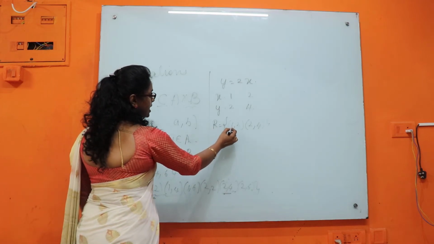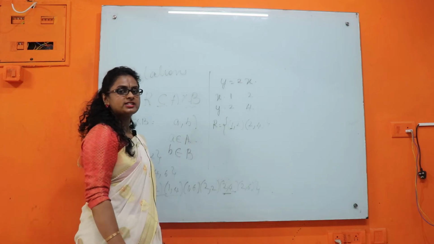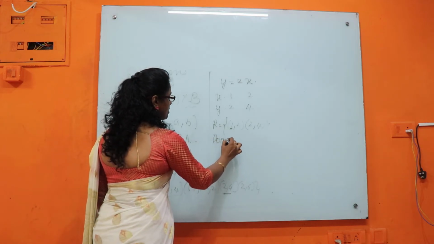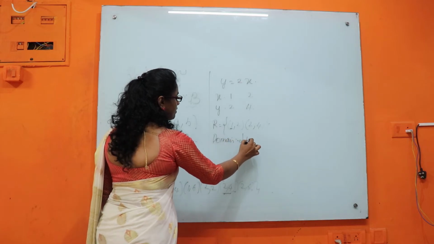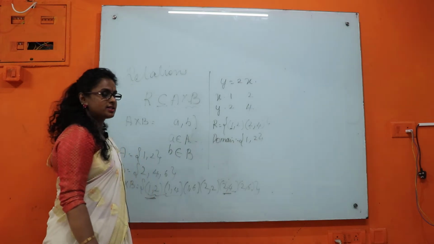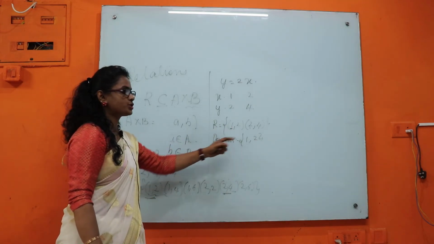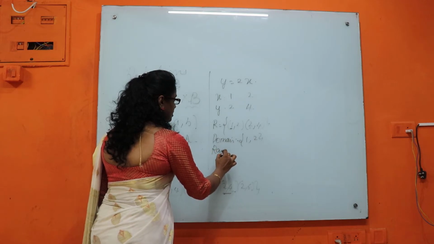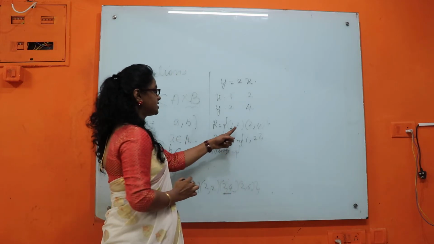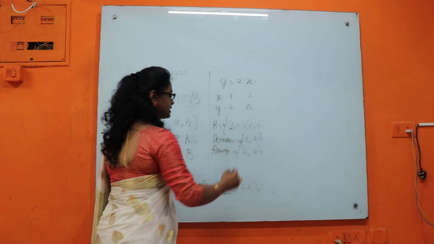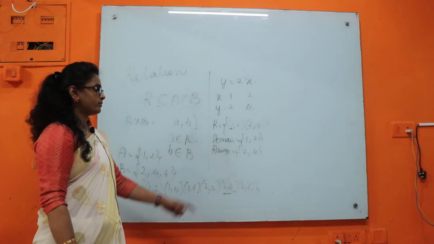Then the very next concept is what is a domain and what is a range. The first element will always be the domain. So now the domain is equal to {1, 2}, the first elements of these coordinate pairs. Then what is the range? The range is the second element here. So {2, 4} is the range.